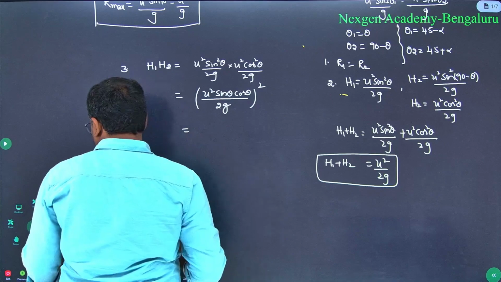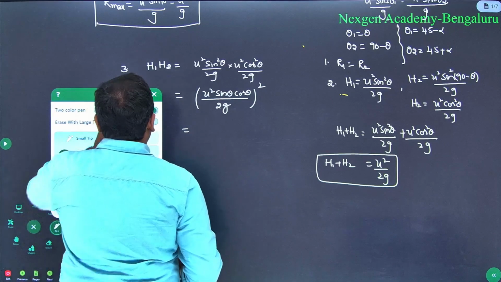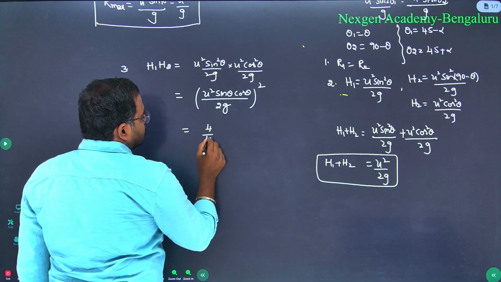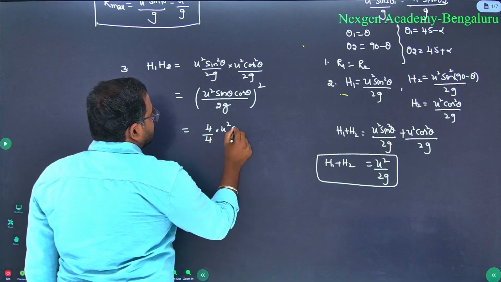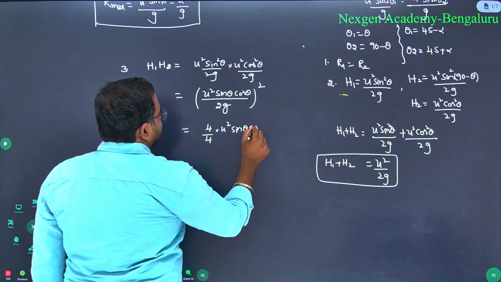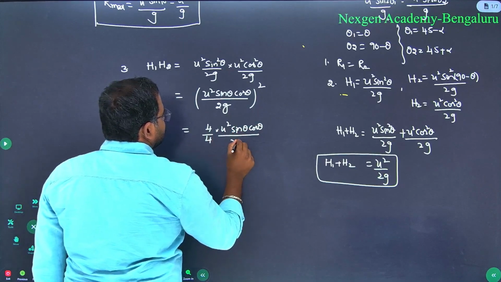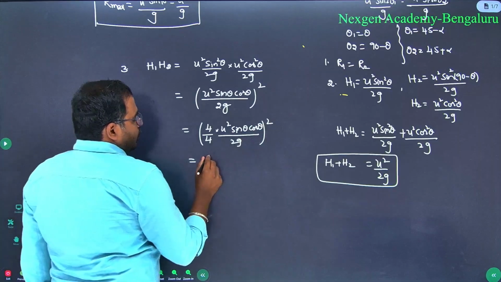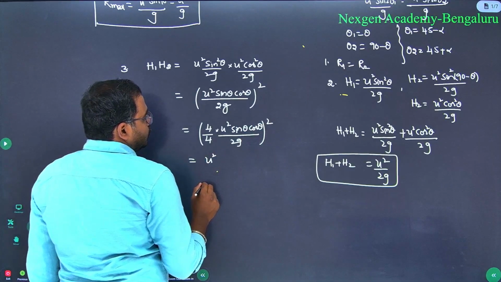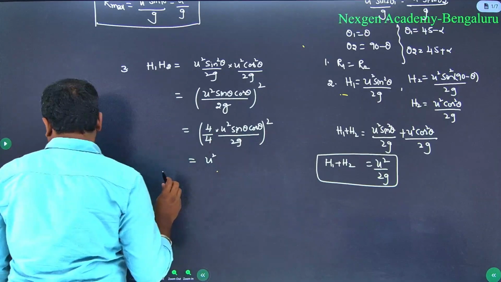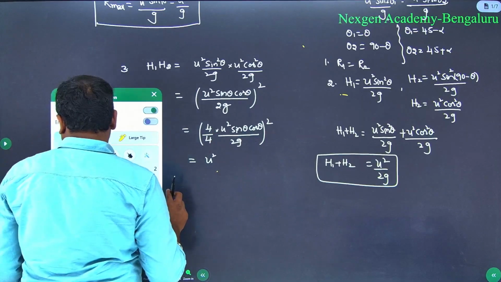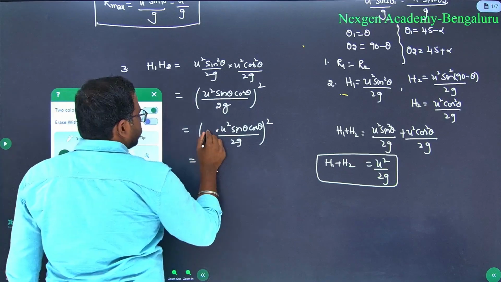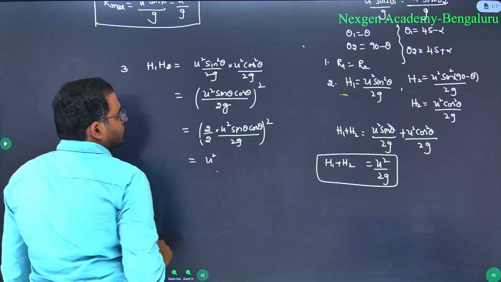Right. Now, U square sin theta cos theta by 2g whole square. One small correction: 2 by 2 is enough to bring that into sin 2 theta.